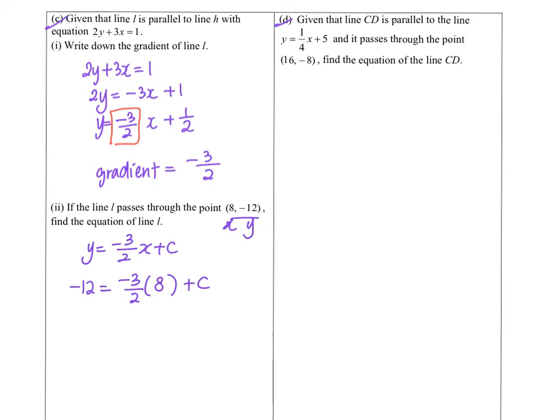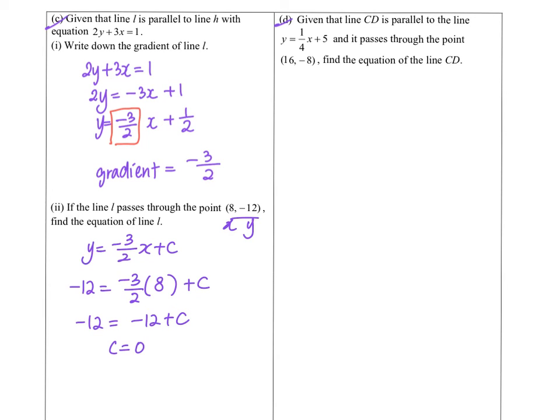Simplifying, we get negative 12 equals negative 12 plus c. So what does this tell me about c? Therefore, c equals 0.